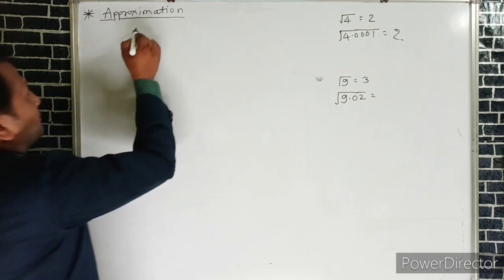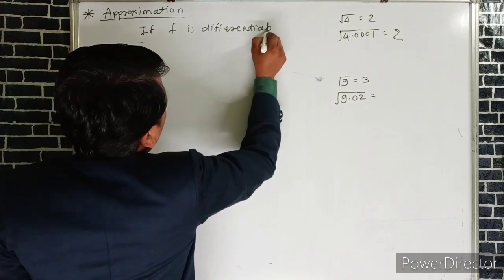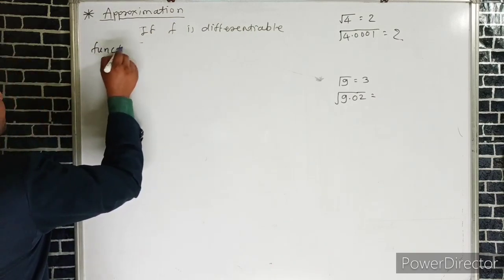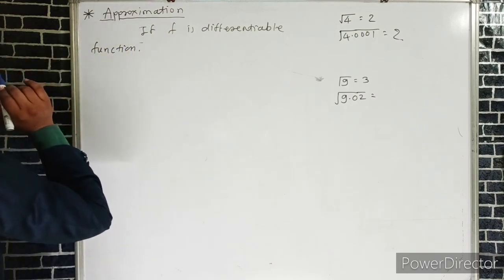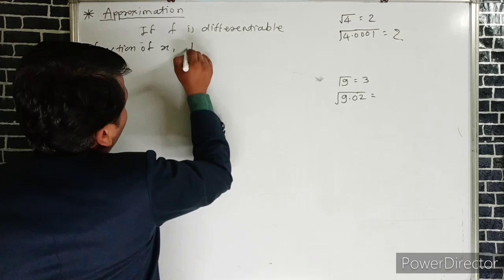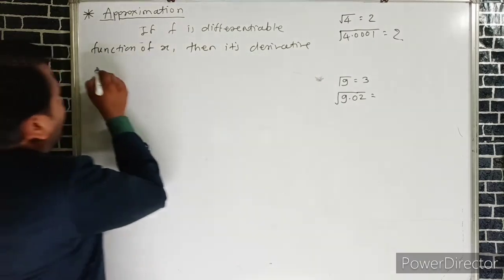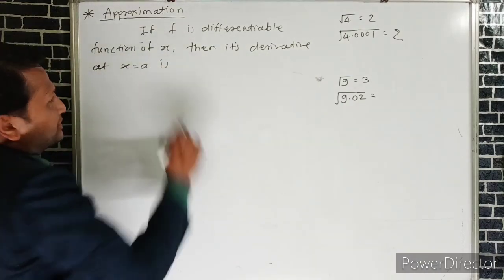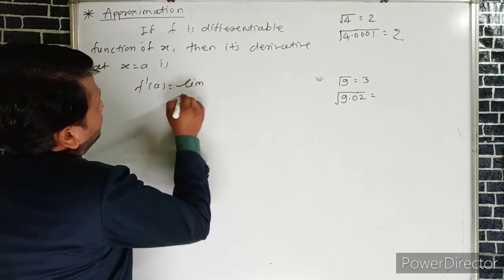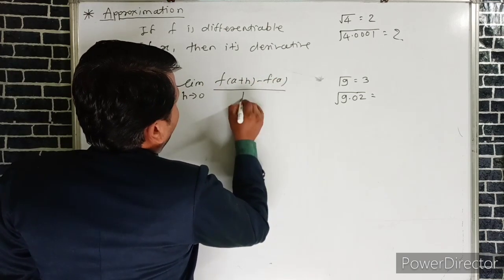If f is a differentiable function of x, then its derivative at x equals a is f dash of a is equal to limit h tends to 0 of f of a plus h minus f of a upon h.